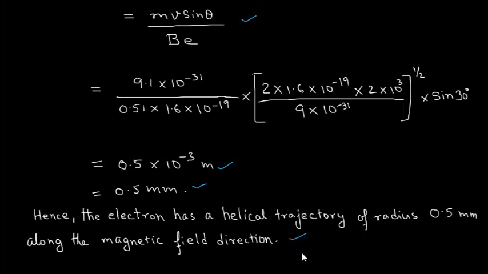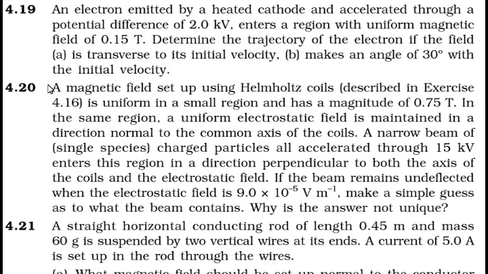Let us see the next problem. Now let us see problem number 4.20. A magnetic field set up using Helmholtz coil described in exercise 4.16 is uniform in a small region with a magnitude of 0.75 T. In the same region, a uniform electrostatic field is maintained in a direction normal to the common axis of the coil.